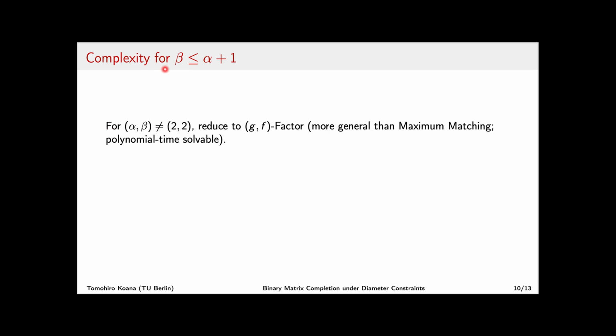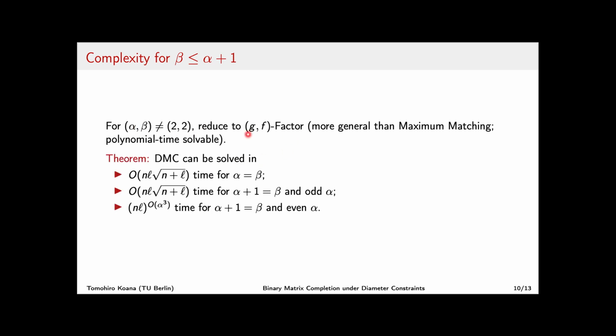So when beta is at most alpha plus 1, meaning that beta is either equal to alpha plus 1 or beta is equal to alpha, in general we reduce to GF factor, which is more general than maximum matching. And this problem is known to be still polynomial time solvable.